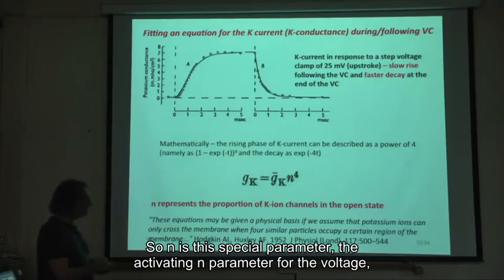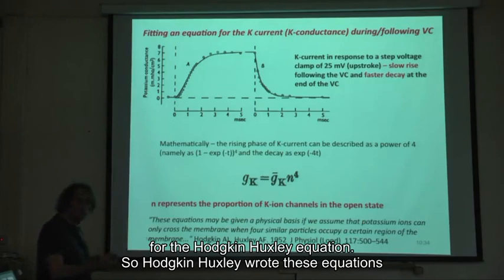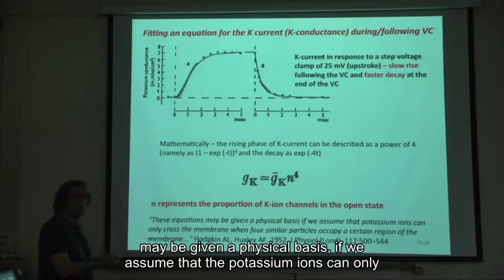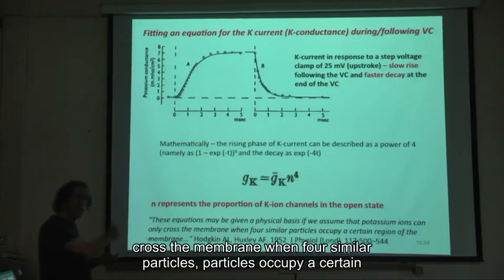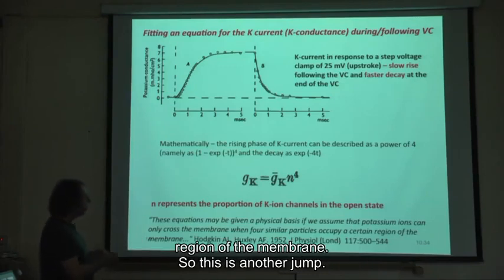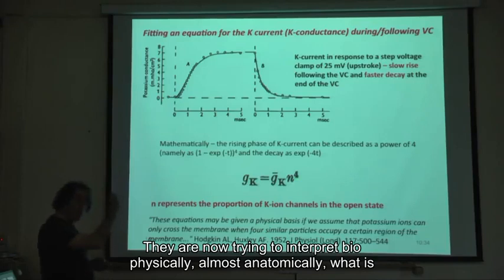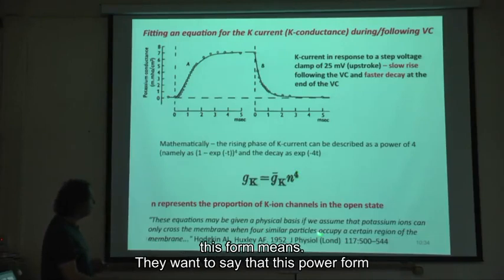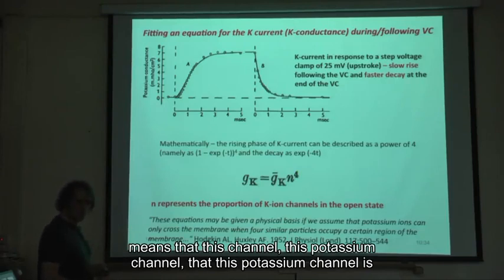They want to say that this potassium channel is open only if 4 particles, 4 gates in the channel, are open, so that the channel enables the flow of current through the channel. So they are trying to give an interpretation to the exponent 4 using a biophysical intuition, which we are going to talk about in a second.